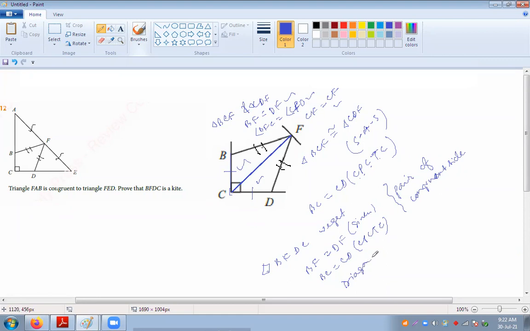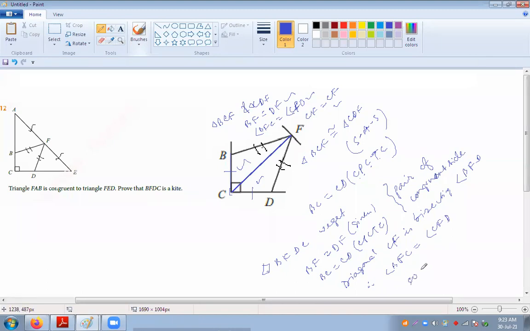And we can say that diagonal CF is bisecting angle BFD. Therefore, angle BFC is equal to angle CFD.